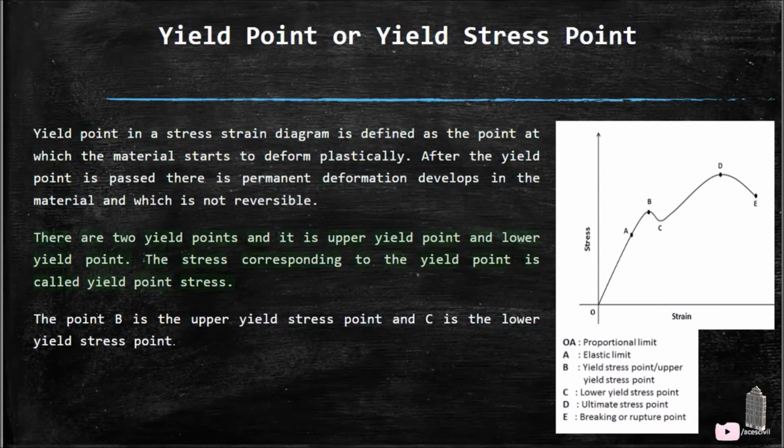There are 2 yield points: the upper yield point and the lower yield point. The stress corresponding to the yield point is called yield point stress. The point B is the upper yield stress point and C is the lower yield stress point.